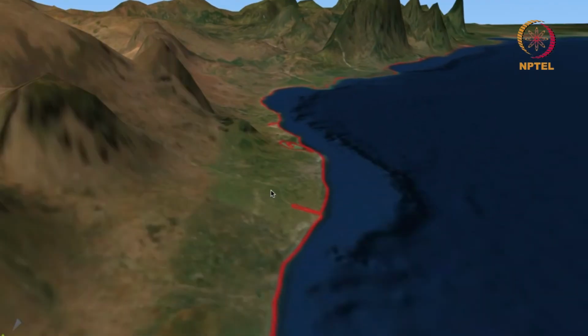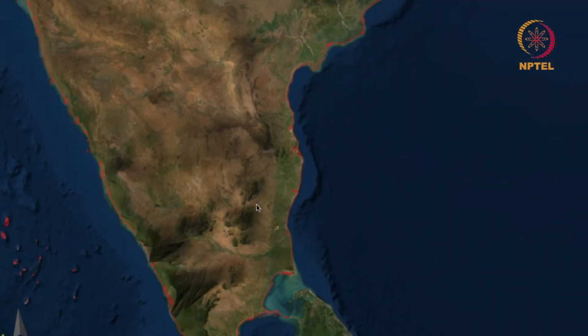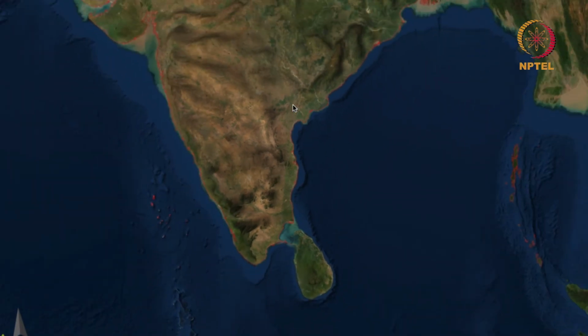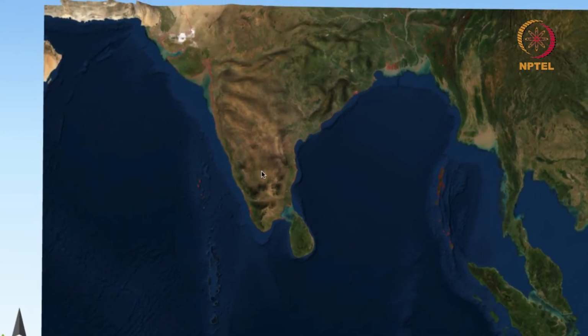And these areas have a large amount of agricultural activity that is going on, because these areas are flat, and also because these areas have the deltas of a large number of rivers. So for instance, we have the Mahanadi Delta, the deltas of Krishna, Godavari, Kaveri, and so on.